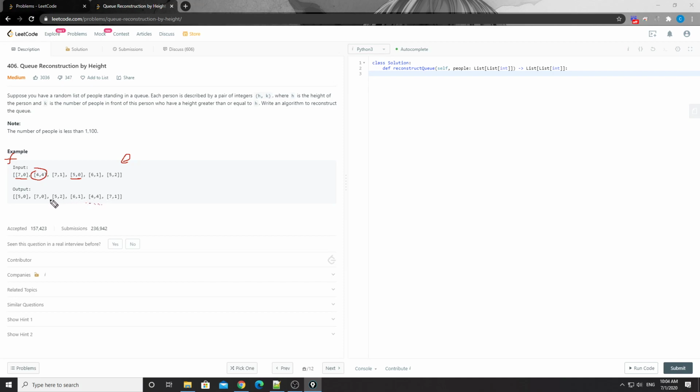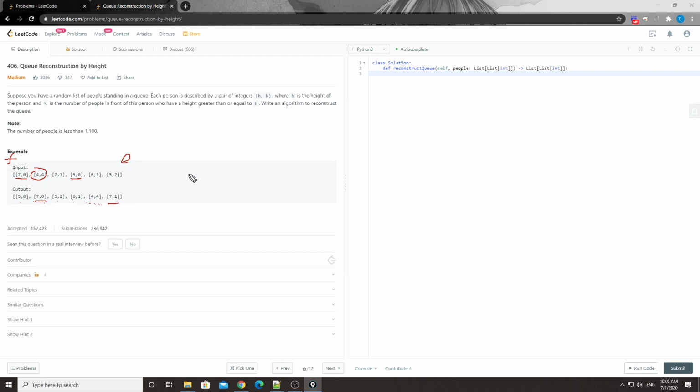Which is true, because the height is 4, but on the left side there are 1, 2, 3, 4 people taller than him. How about 7? Same here. Let's see 7 here. There is only one element on the left which is equal or taller than him, which is 7 0 itself.